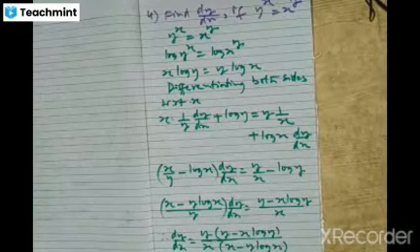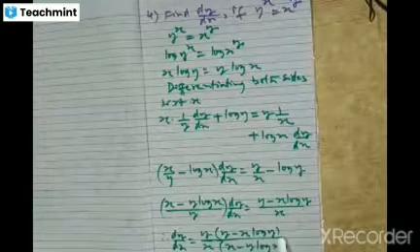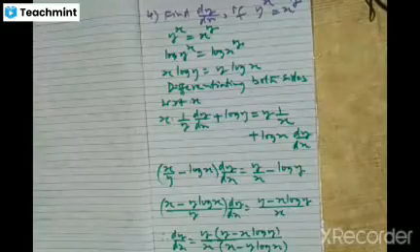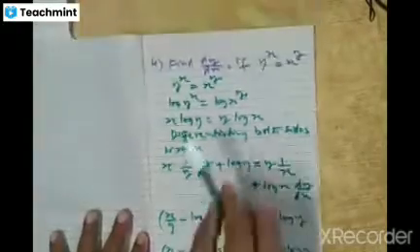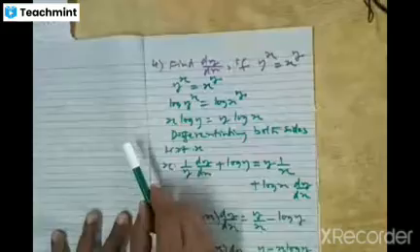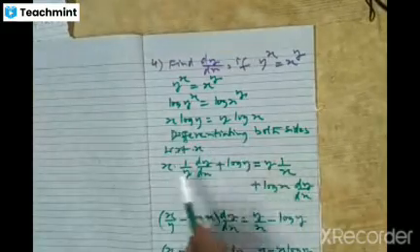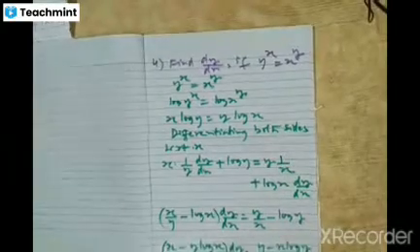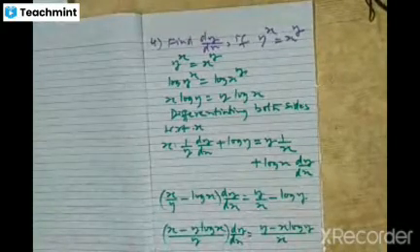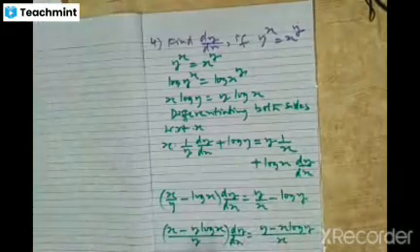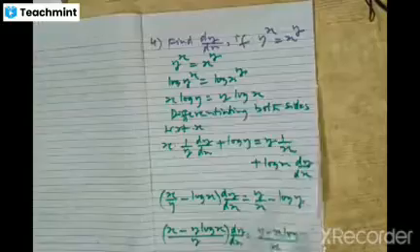So dy by dx is y into (y minus x log y) divided by x into (x minus y log x). Okay, so we have taken log on both sides, we have used one of the properties, after simplification we have differentiated both sides with respect to x, and then we have found dy by dx. Okay, next, problem number 5.